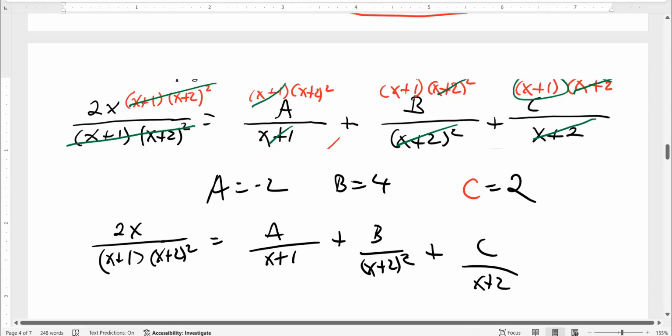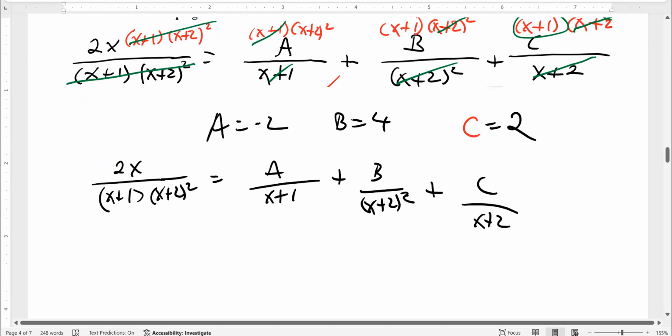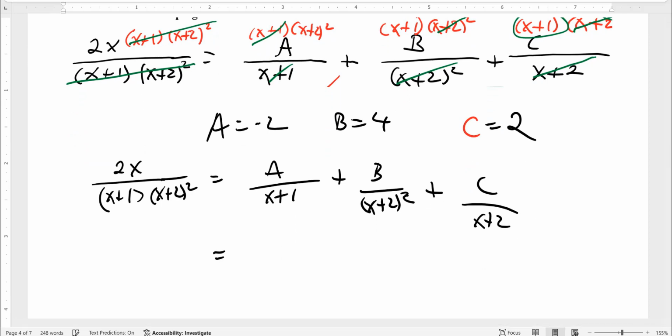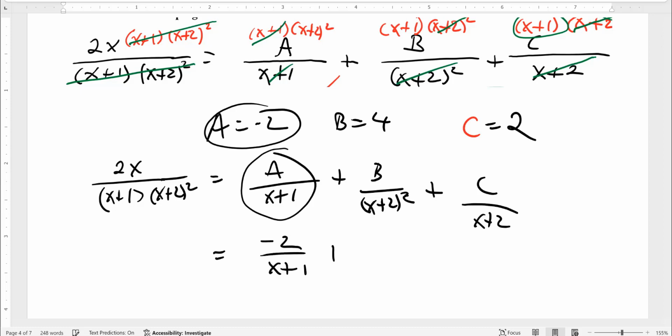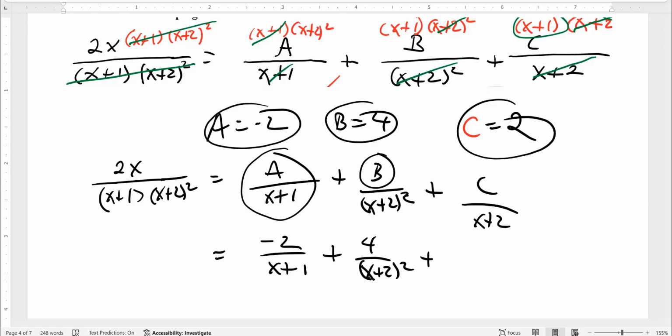And now we figured out what A, B, and C are, so now we just put those in place. So this, since A is -2, is -2 over x plus 1, plus B is 4, so plus 4 over x plus 2 squared, plus C is +2, plus 2 over x plus 2, and we are done.